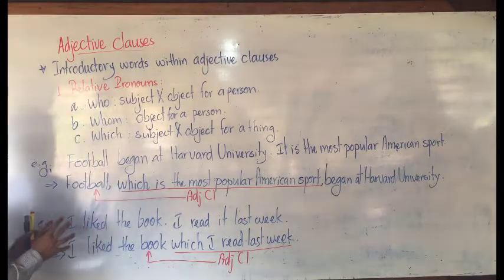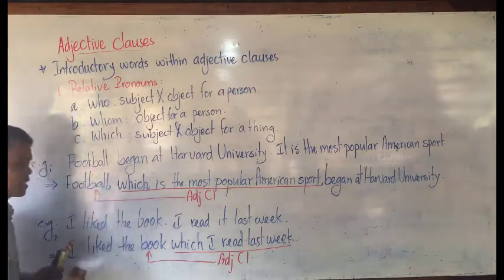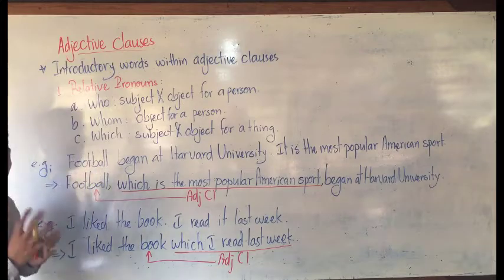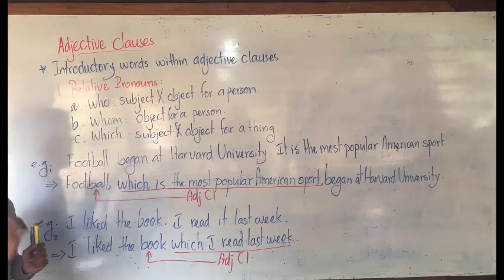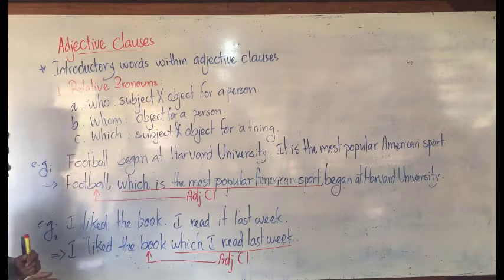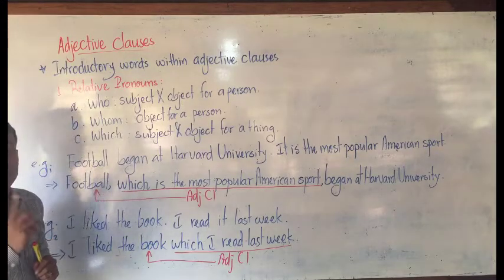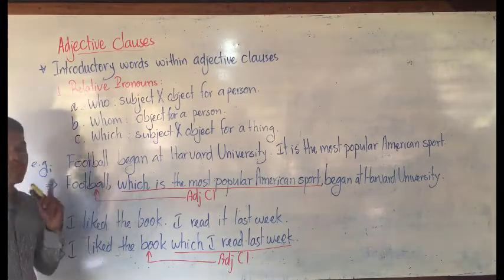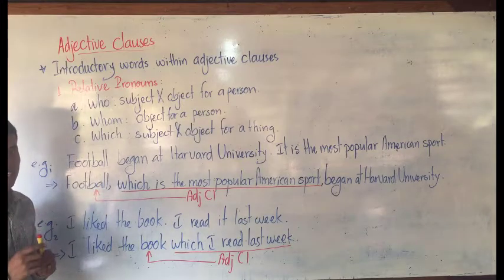When the antecedent noun is a common noun, the adjective clause is called a defining relative clause. It does not need a comma at all. When the antecedent noun, or head noun, is a proper noun, like "football" here, normally we use a comma. It is called a non-defining relative clause, or non-restrictive relative clause.